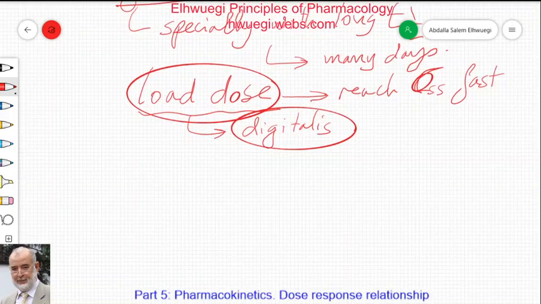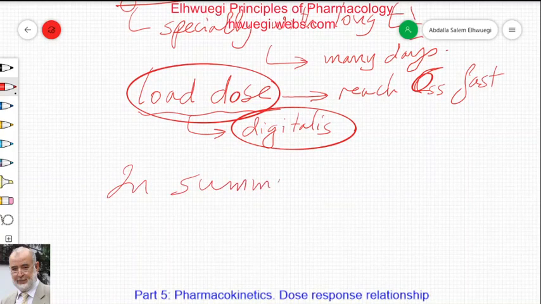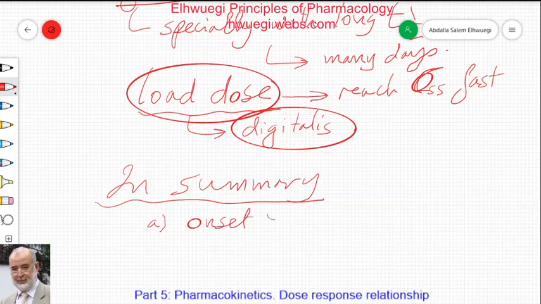In summary, what we have discussed today: we talked about the dose response relationship, and we said what is onset and what is duration of action.